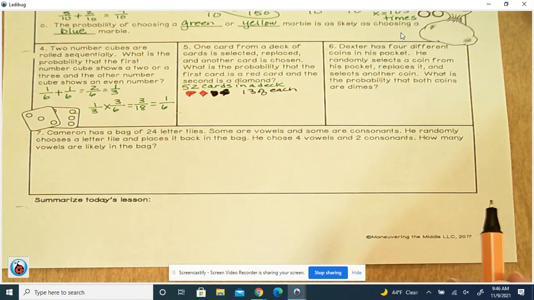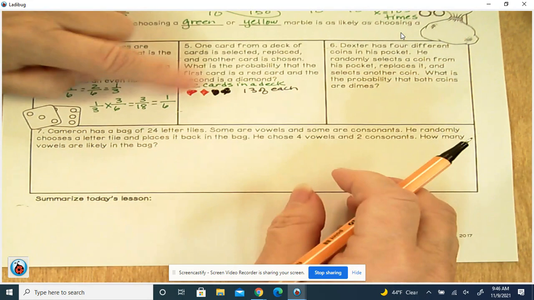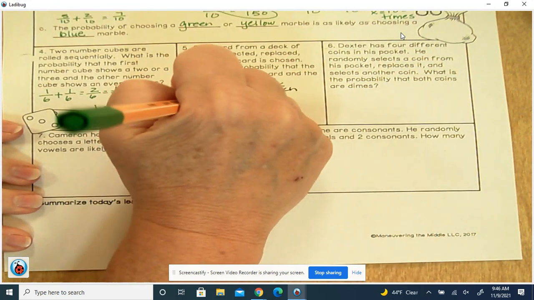So what is the probability the first card is a red card? There's 13 here and 13 here. So that's 26 out of 52.